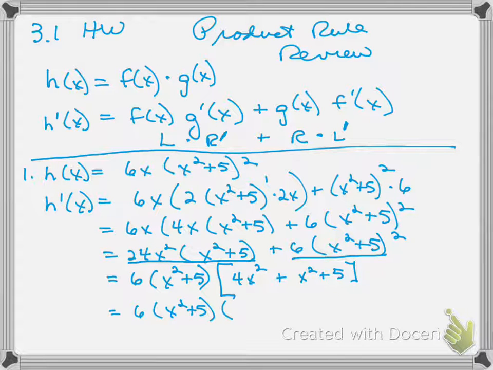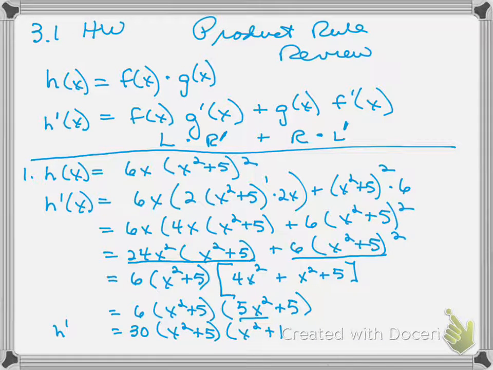Take your terms in the bracket and combine them. So I have 5x squared plus 5. Now look what I can still do. I can factor out a 5 from back here, and that's going to give me 30 here, x squared plus 5, and this will be x squared plus 1.